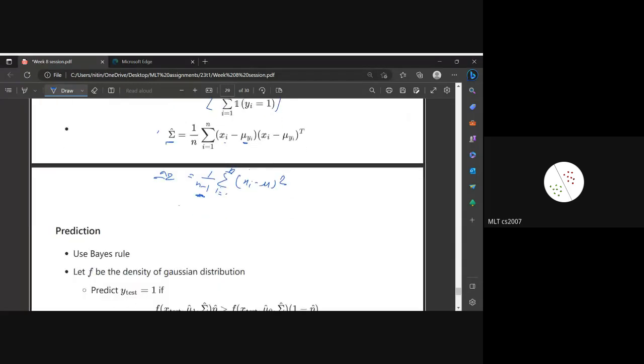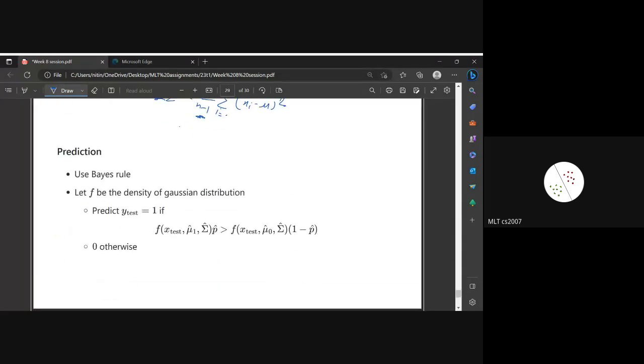So let's say one data point you have comes, x test. For x test, you will find the probability. Now these probabilities are actually the Gaussian distribution, right? So you have to find p of y equal to 0 given x test, and p of y equal to 1 given x test.